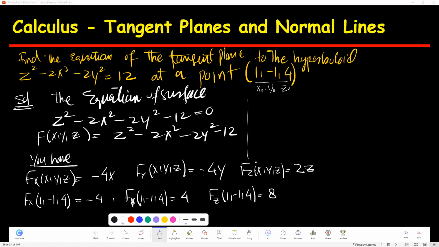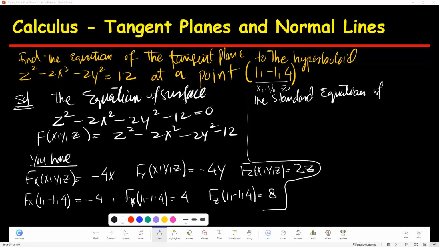I'm going to write here the standard equation of the tangent plane.